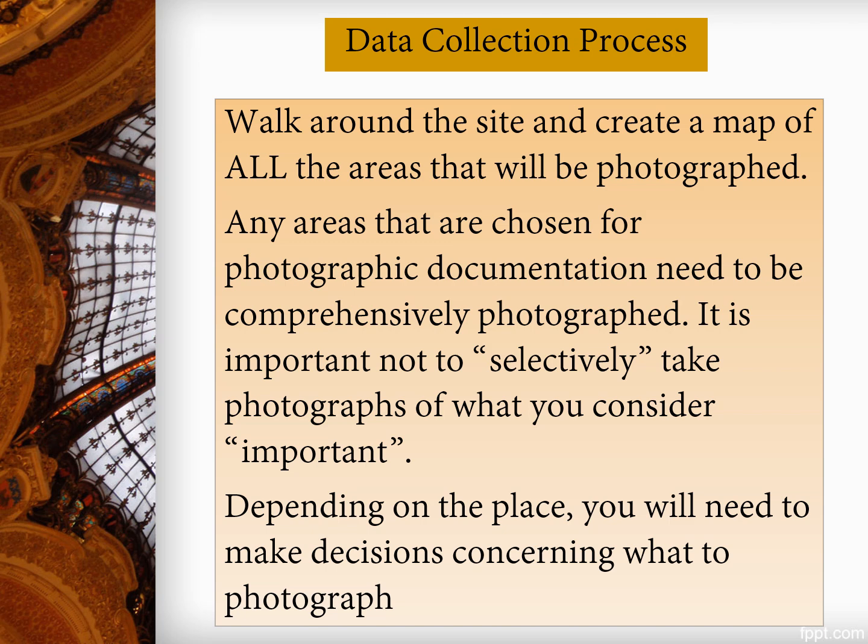This is very, very important because whilst you're standing behind your camera lens or your phone lens, you will try and limit the number of photographs you take because you think you're taking pictures of the important stuff or the things that are salient to you.